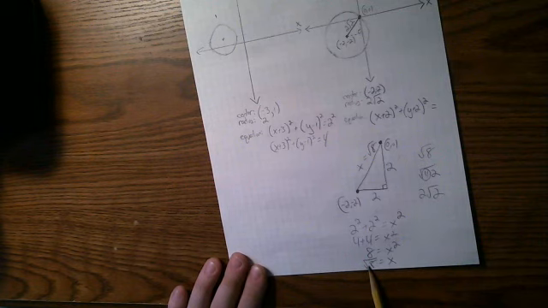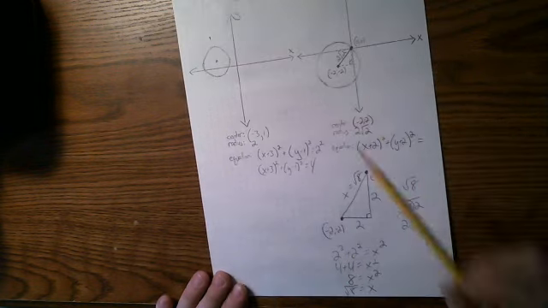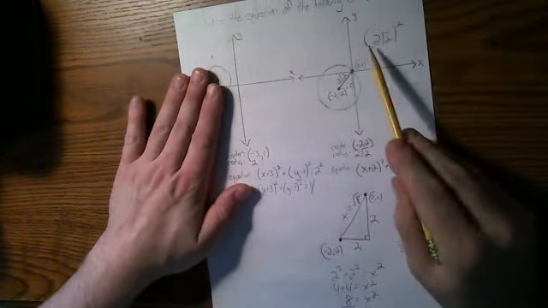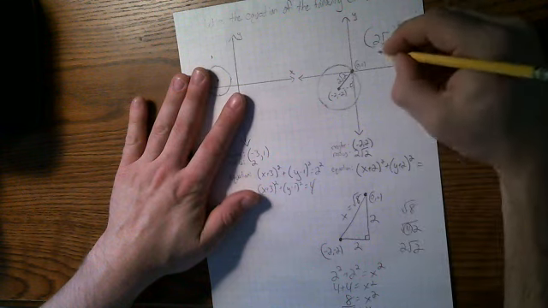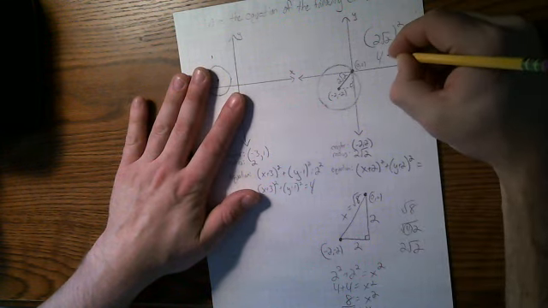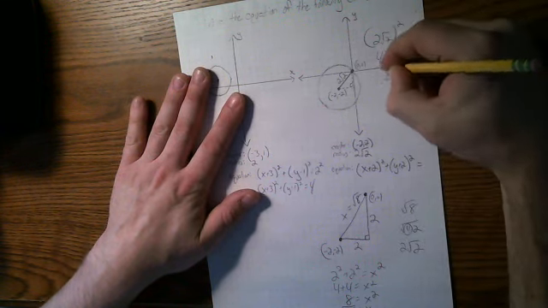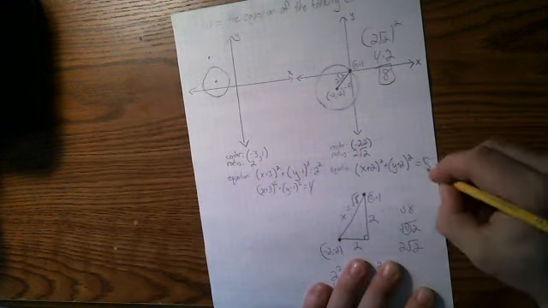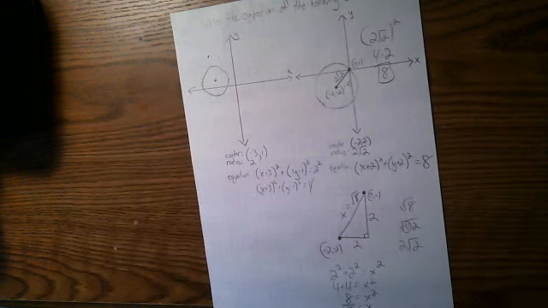The radius was radical 8. x squared is 8. If you want to just square the radius, that's fine. 2 radical 2 squared means both 2 and radical 2 are being squared. Well, 2 squared is 4, and radical 2 squared is 2. So 2 radical 2 squared is 8. And there's the equation of our circle.